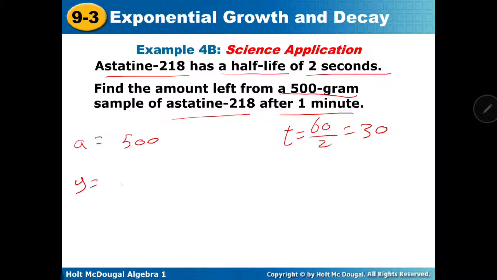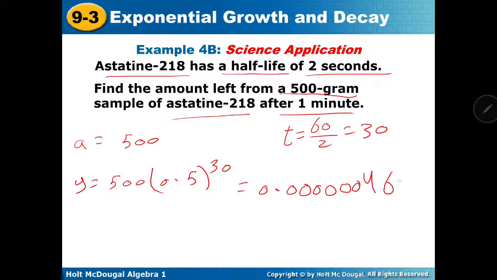Now y equals 500 multiplied by 0.5 all power 30. You just write 30 instead of 5 as in the other question. That gives you 0.000000465 grams.